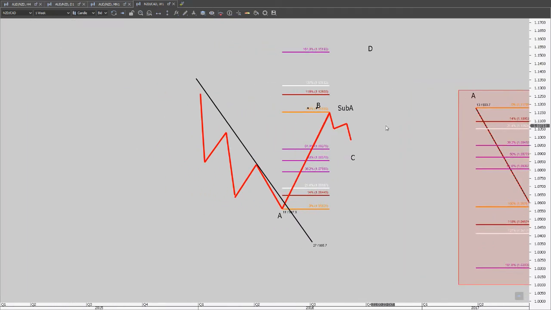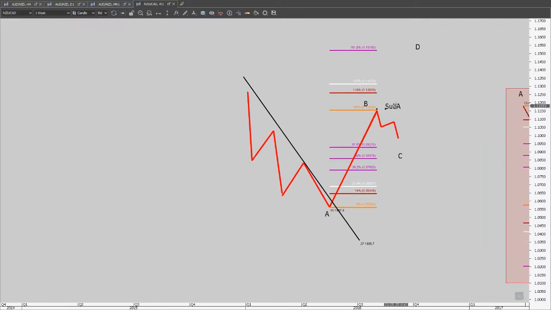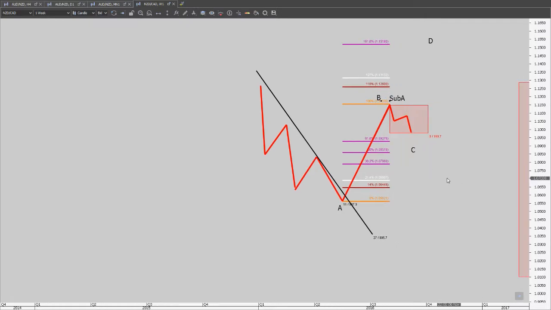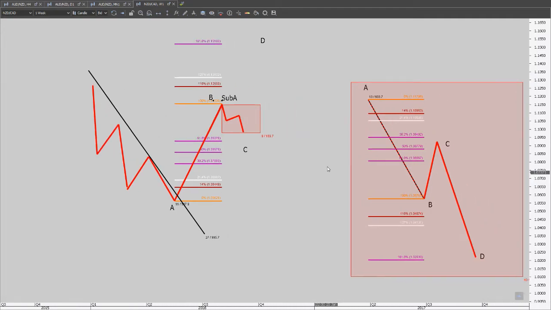What is challenging in the beginning is that the sub A, the contrarian Fibonacci, is drawn on the retracement. So this retracement is a short-term trend, right? So this sub A is going to be the starting point of this smaller trend, which is the actual retracement, right? So the same rules apply.